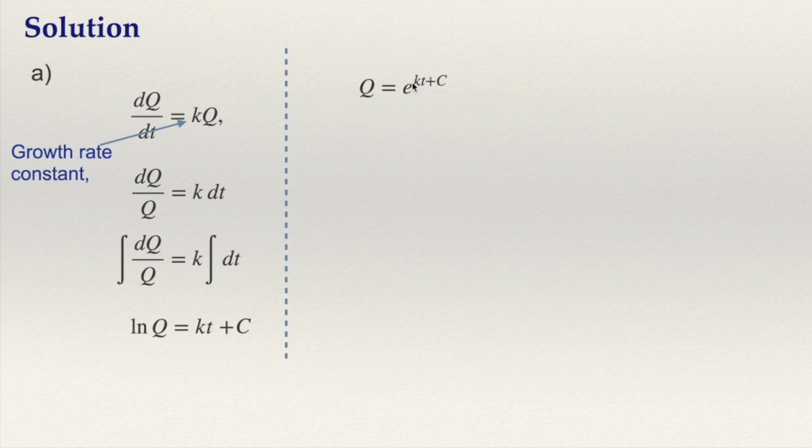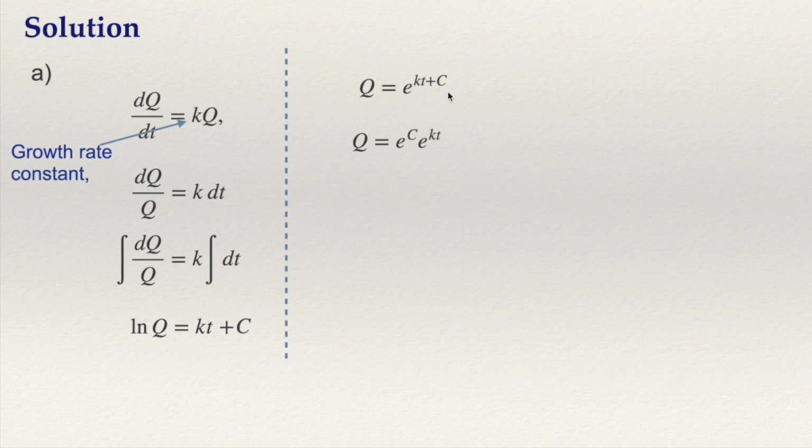So remember, if you have a sum in the exponent, actually what you have is a product of two powers with the same base. So this is the same as e to the power kt multiplied by e to the power c. Obviously, if you multiply these two powers, because they have the same base, the answer will be the same base e, adding the exponents kt plus c.